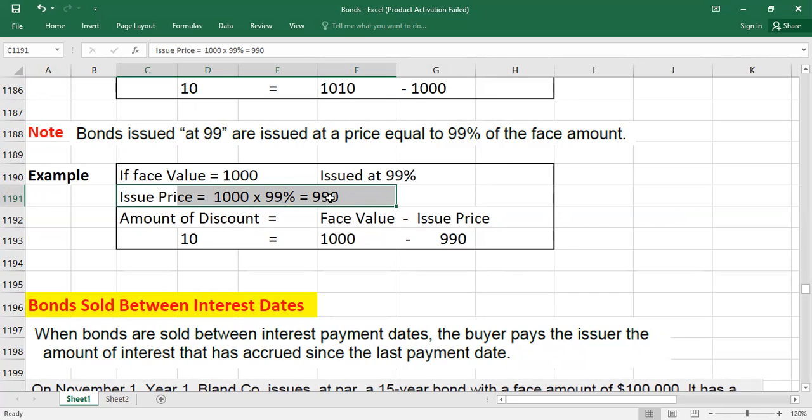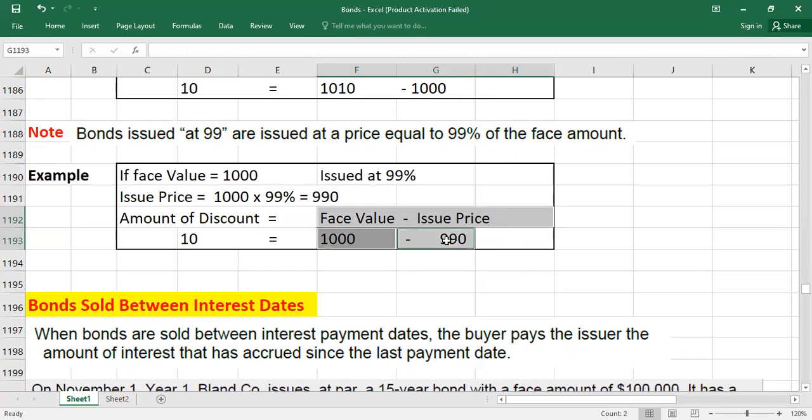It means the issue price should be $990. Now if I want to calculate the amount of discount, of course, because you have issued the bonds at less than face, at 99%, there is an amount of discount. How will I calculate it? I will take face value minus issue price. Here face value is 1000, issue price is 990, so the amount of discount is $10.